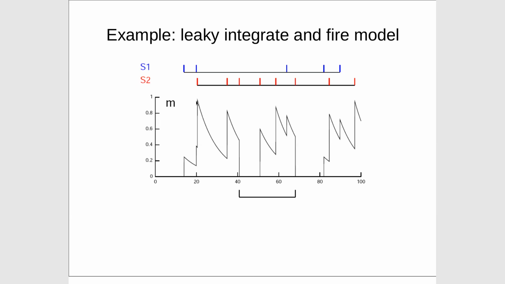And if the next event never arrives, we don't have to update this thing's M at all. The only time we have to update M is if it receives an input event at some time in the future, and then we do a calculation here. At this time, the first calculation we do is to update the value of M based on what it had been before and what its dynamics are, which we know from the analytical solution.